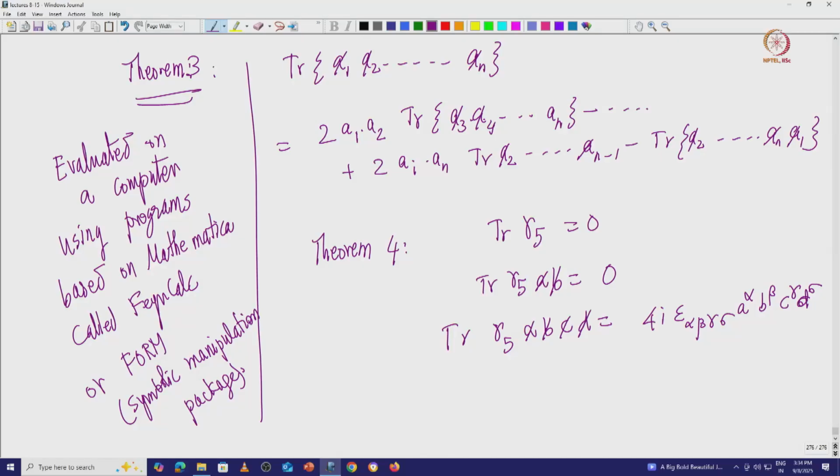Okay, and epsilon alpha beta gamma sigma is plus 1 for even permutations of 0, 1, 2, 3 and is equal to 0 for odd permutations.